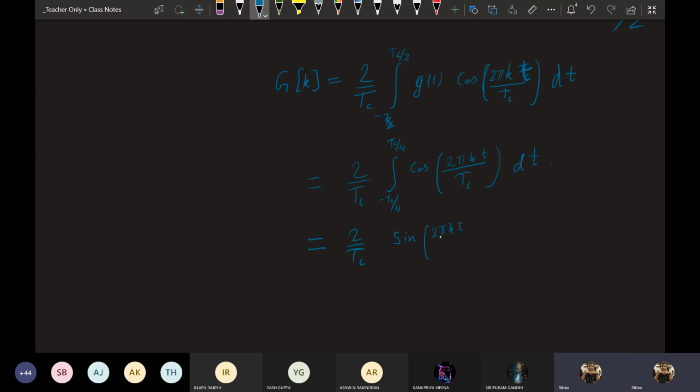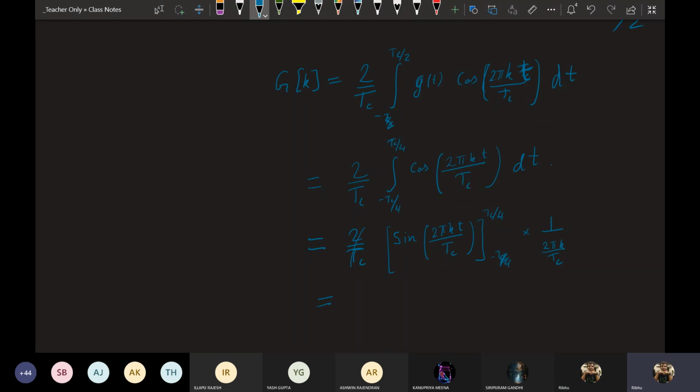Sine of k pi by 2, minus sine of minus k pi by 4, to k pi by 4 times, right.